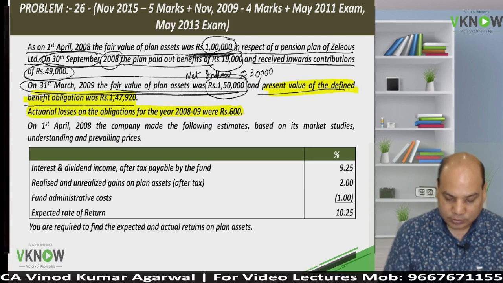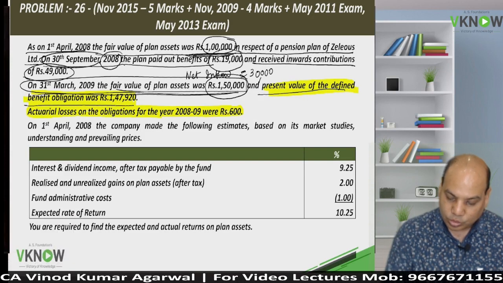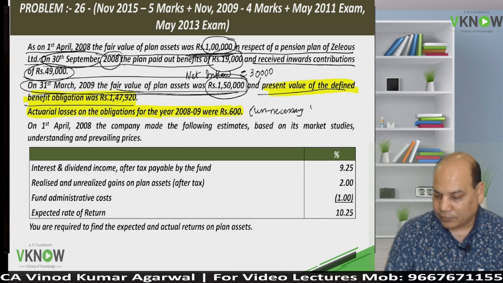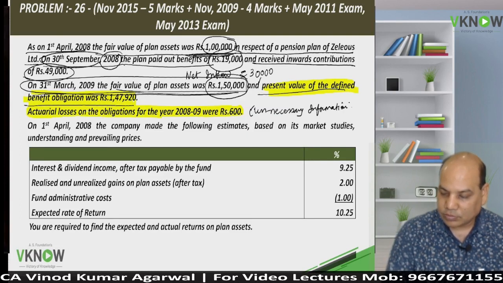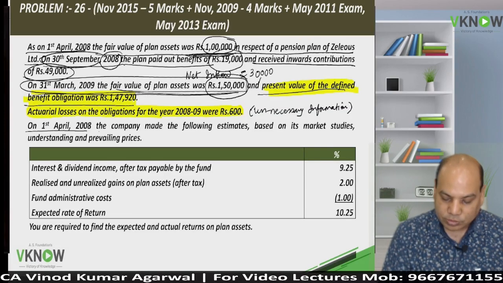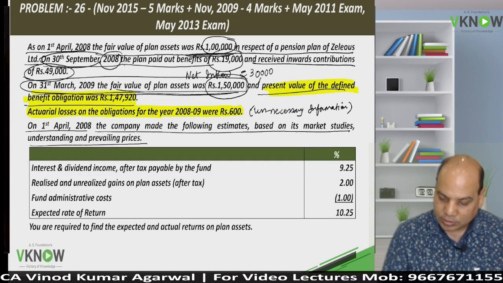These two lines are unnecessary information to confuse the student. Then on 1st April 2008, company made the following estimate.